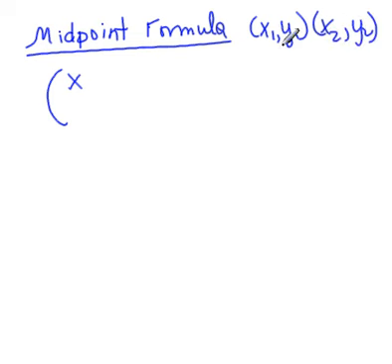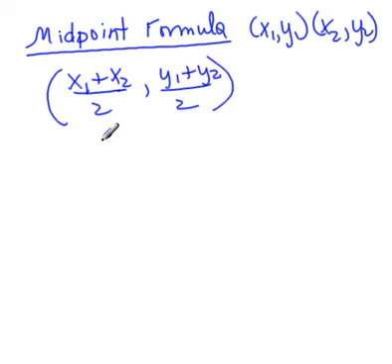Since this is the first point, we call that x1, y1, and since this is the second point, we call that the second x and the second y. So you say (x1 plus x2) divided by 2, and (y1 plus y2) divided by 2. So you basically average the x's and you average the y's.